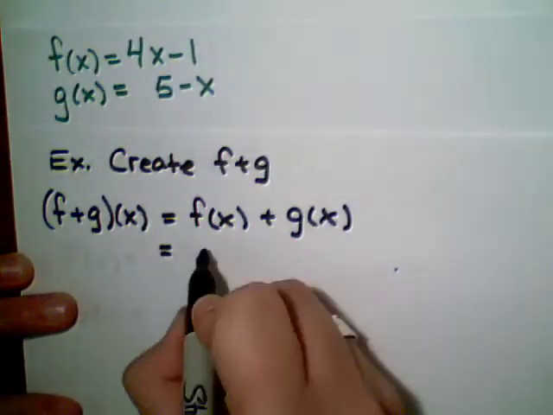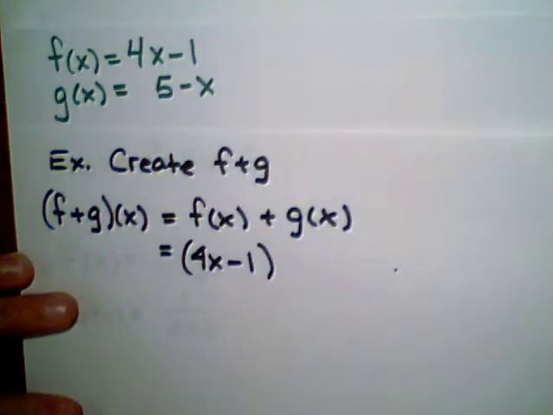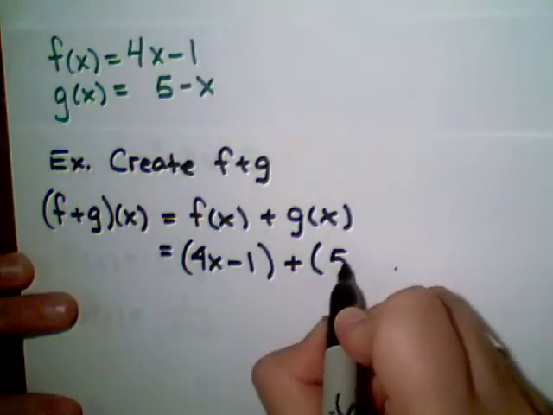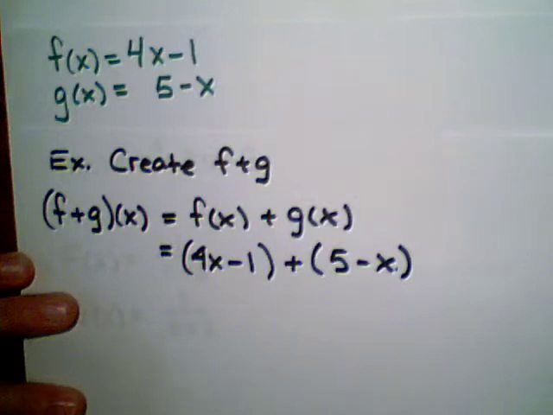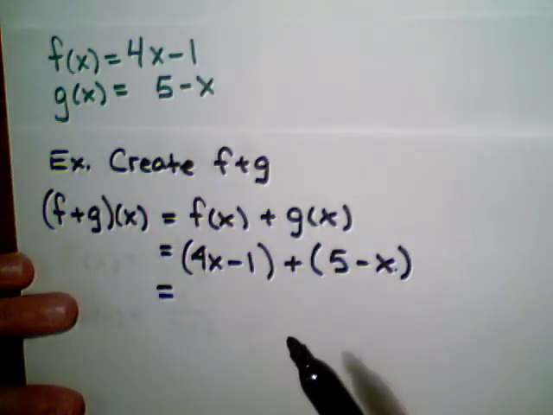The output of f of x is the difference 4x minus 1, so we'll record that. We'll add to that the output of g, which is the difference 5 minus x. Now we'll try to simplify, if we can do that pretty quickly.